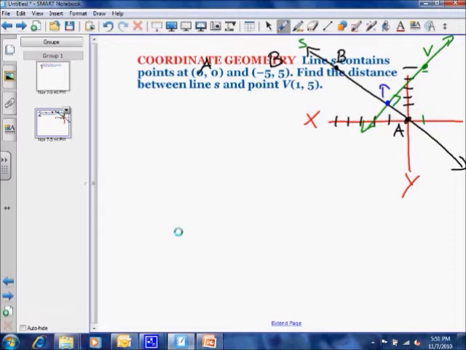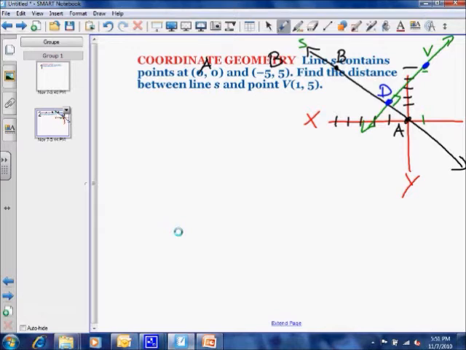We'll call that point D. The true distance between the point and line S will be the distance formula calculation between point D and point V. So the entire goal is to find point D so that I can use it in the distance formula with point V to calculate the distance between the point and the line.